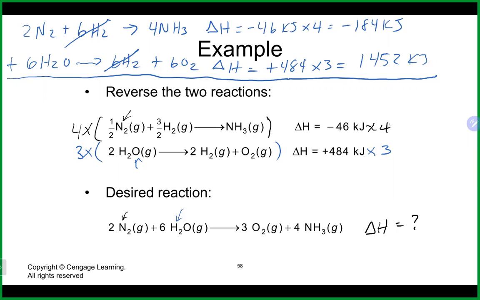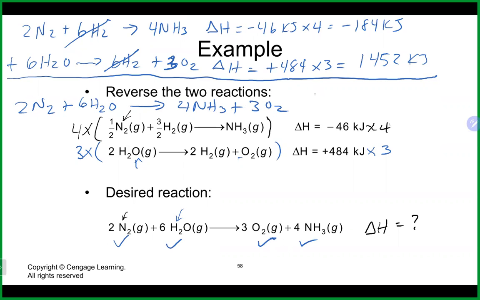I should do proper multiplication, which would mean that would be a 3 when we take 3 times 1. Now we're good. That leaves us 2 N2 plus 6 H2O on the left, giving us 4 NH3 plus 3 O2, and that matches the equation that we needed on the bottom.